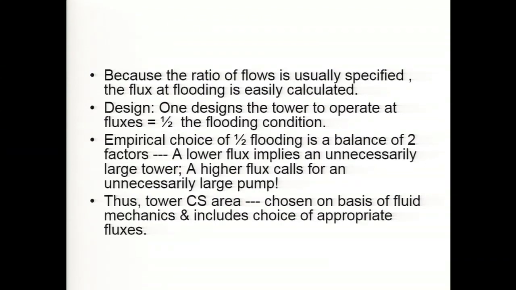If you take too low a flux, it will mean for a given G prime A or given corresponding L prime A, A will be too large, because the products G prime A and L prime A are both constants. If you choose too small values for G prime and L prime, that will mean obviously A is very large.